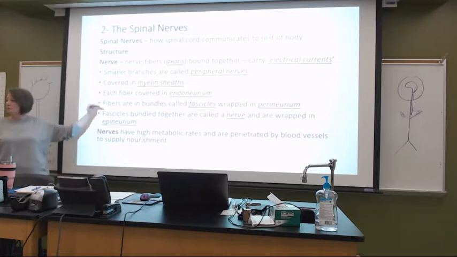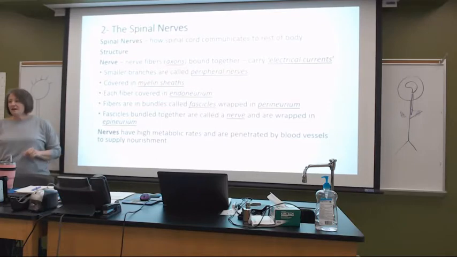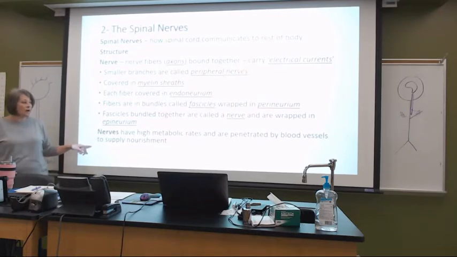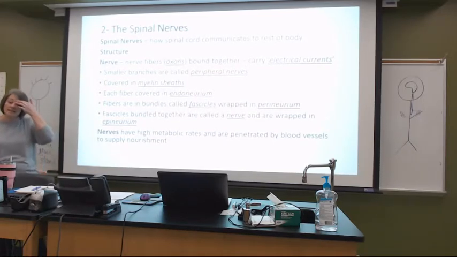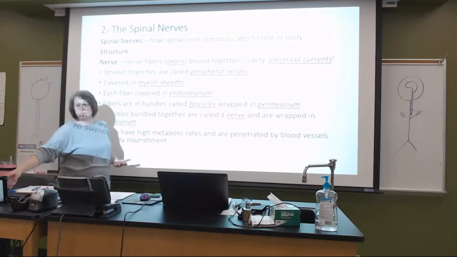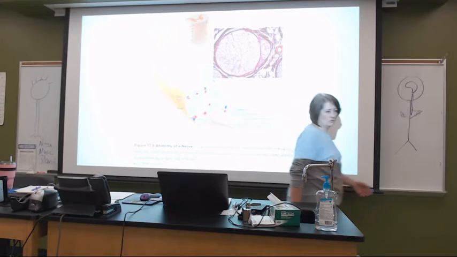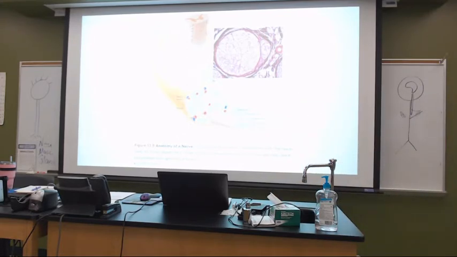So inner, middle, outer. They have that really high metabolic rate, like we were talking about earlier, and they require a high blood supply. The blood flow to the nervous system is huge because they need their nourishment because they hopefully don't stop. This is their structure.